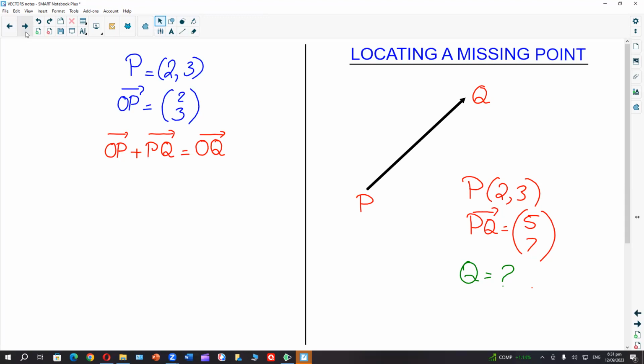This is the most important skill of this important chapter. OP plus PQ is equal to OQ. And when you go through it, you can rearrange it to find OQ. This is a genuine method because it is using head to tail approach. So copy this solution.